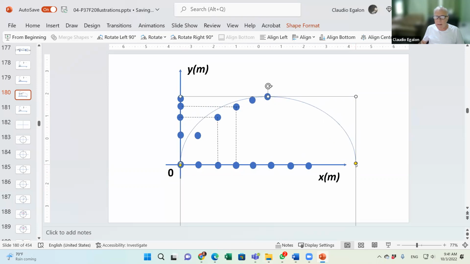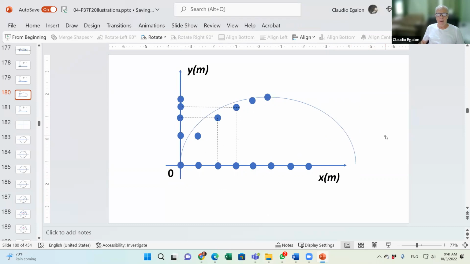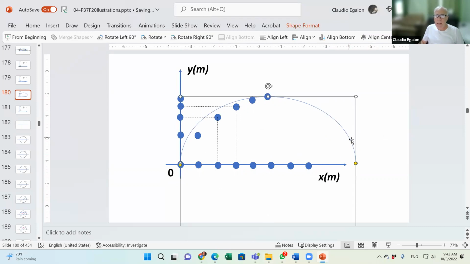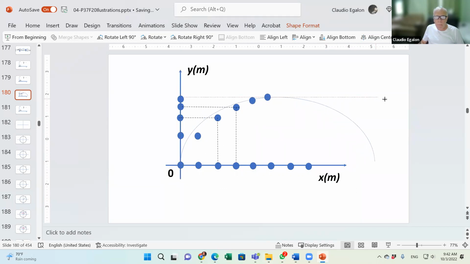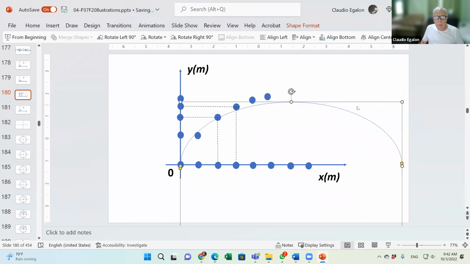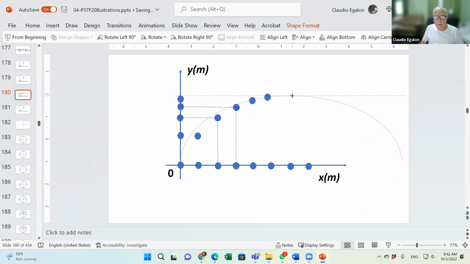Not exactly a parabola, but the best I can do. Yeah, getting there. Good.